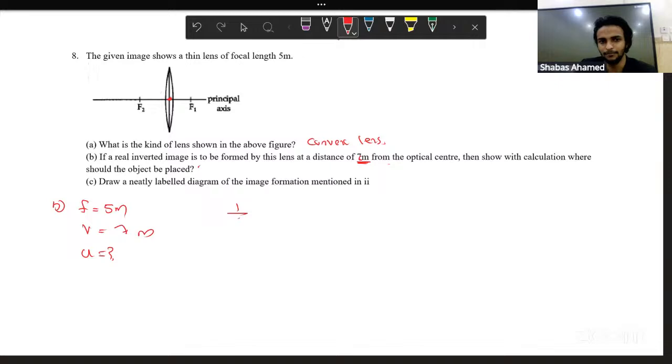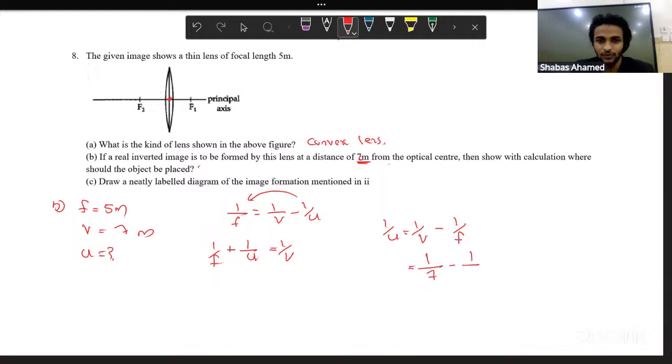I'm using the lens formula 1 by f equal to 1 by v minus 1 by u. Taking 1 by u to this side, it will be plus 1 by u, so 1 by f plus 1 by u equal to 1 by v. Taking 1 by f to the other side, 1 by u is equal to 1 by v minus 1 by f. So 1 by 7 minus 1 by 5, that means 5 minus 7 divided by 35, equal to minus 2 by 35.